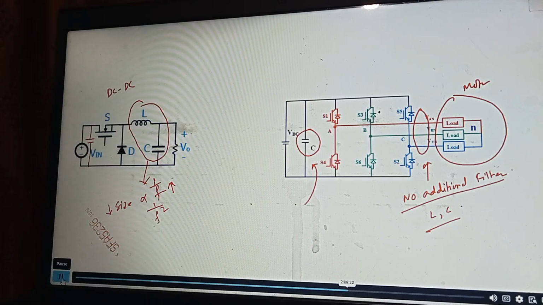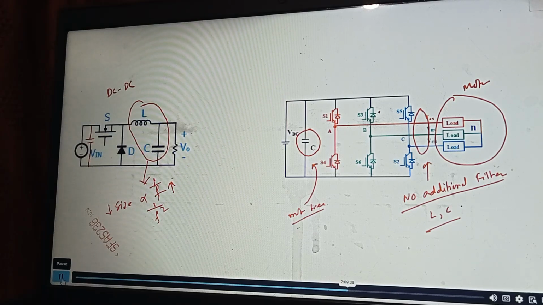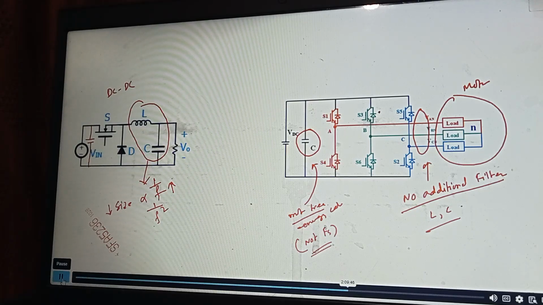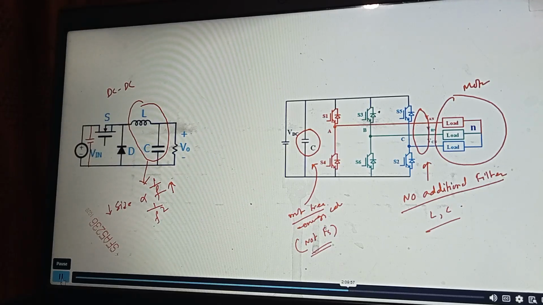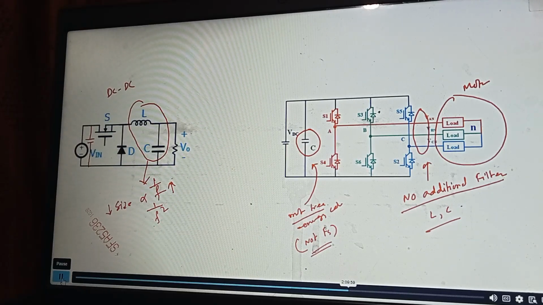Size of this capacitor actually depends more or less on the motor frequency or your energy calculations, so not much on FS. I repeat, one capacitor is there at the inverter input side, but its size selection does not depend much on the switching frequency.